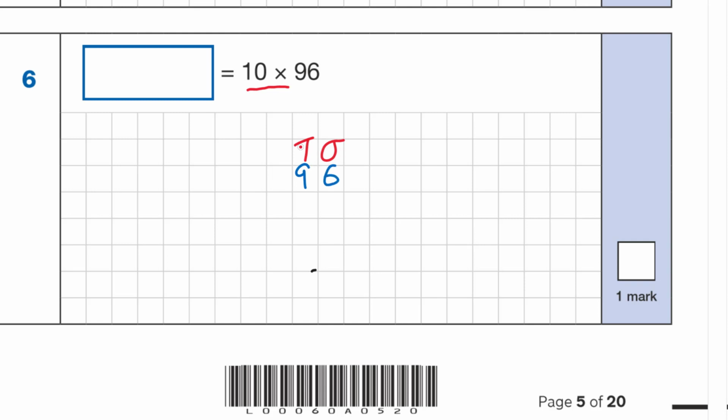And if I was writing this in a place value chart, the next value would be hundreds. Now when you times something by 10, you just move everything over 1 to the left. So my 9 tens becomes 9 hundreds, my 6 ones become 6 tens, and then I simply fill the last gap in with a placeholder. So my final answer is 960.